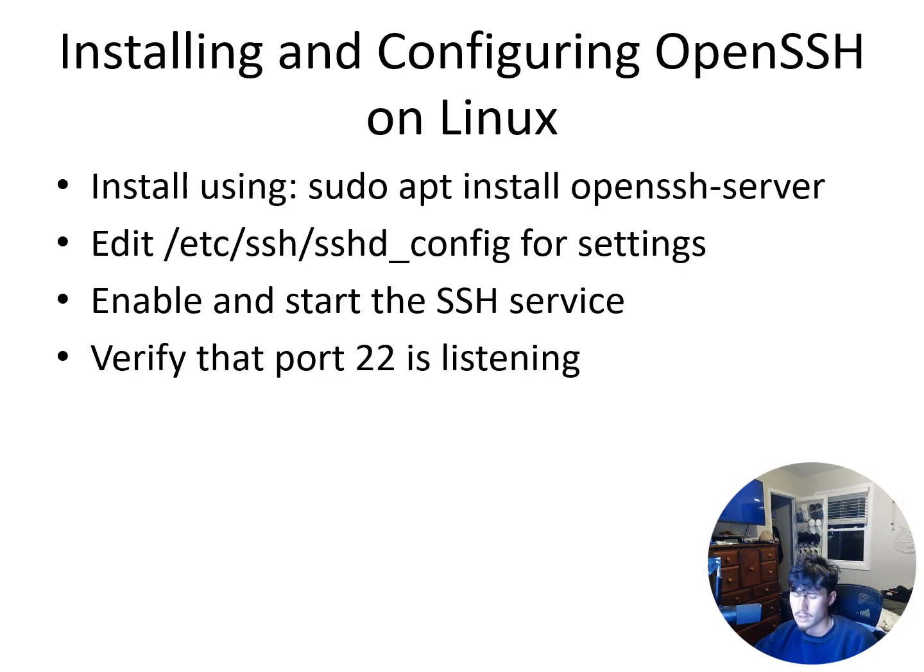You can start and enable SSH to run automatically with sudo systemctl enable --now ssh. Once it's active, verify it's listening on port 22 using ss -tuln | grep 22 or sudo netstat -tuln. This confirms that SSH is available for secure connections.